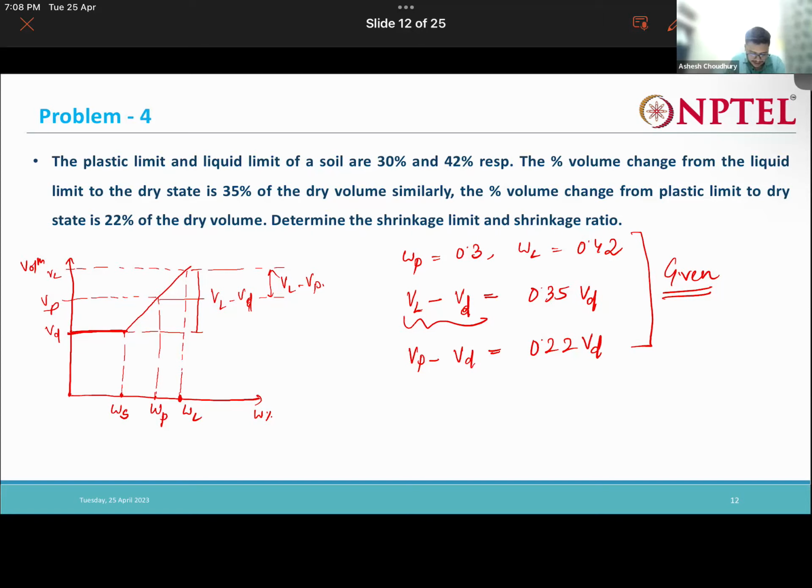Now, how to find this shrinkage limit? How can we find that? So what we will be doing is that we will be just interpolating, or taking the slope of this graph. From there, we will be finding the shrinkage limit. So let us take the slope.